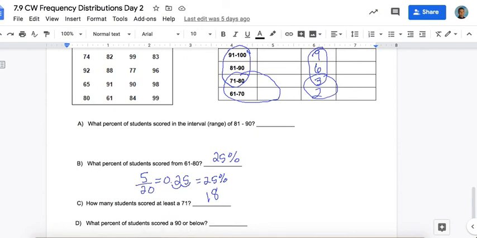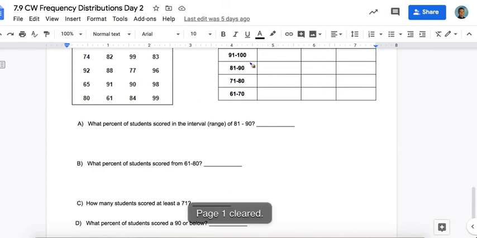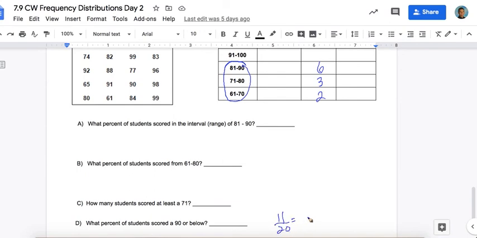Okay, letter D, what percent of students scored a 90 or below? These 3 would be 90 or below. So that would be 6 plus 3 plus 2, which would give me 11 out of 20. Decimal would be 55 hundredths.